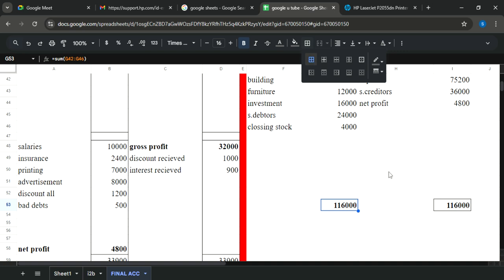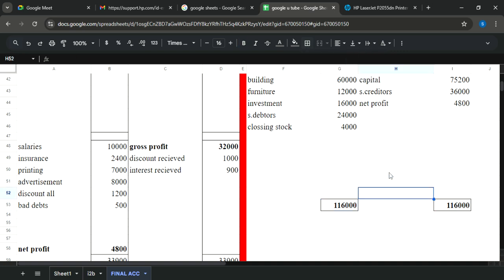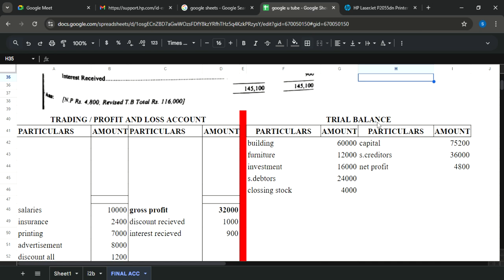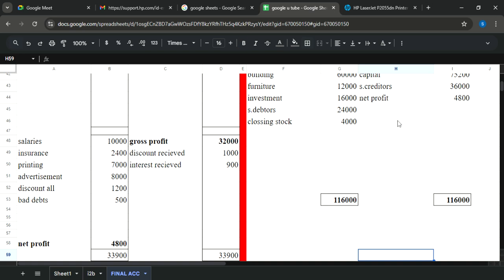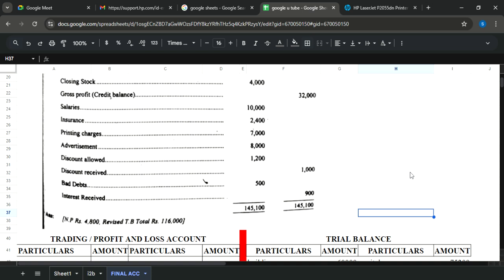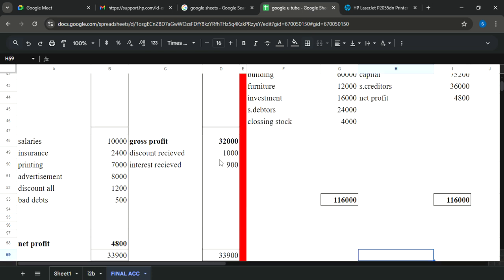So guys, in this way our question has been completed. You can see that this was your revised trial balance and we haven't done anything extra. The amount has automatically been equalized. The question theme was the elements which we have used in this profit and loss calculation. We will not use these items in the trial balance.